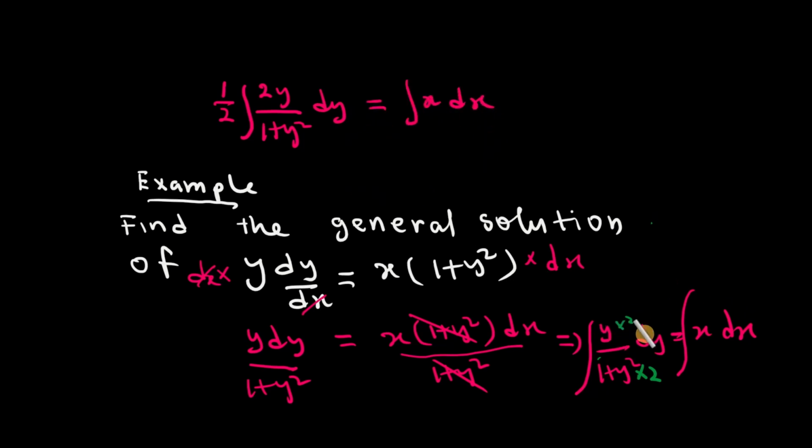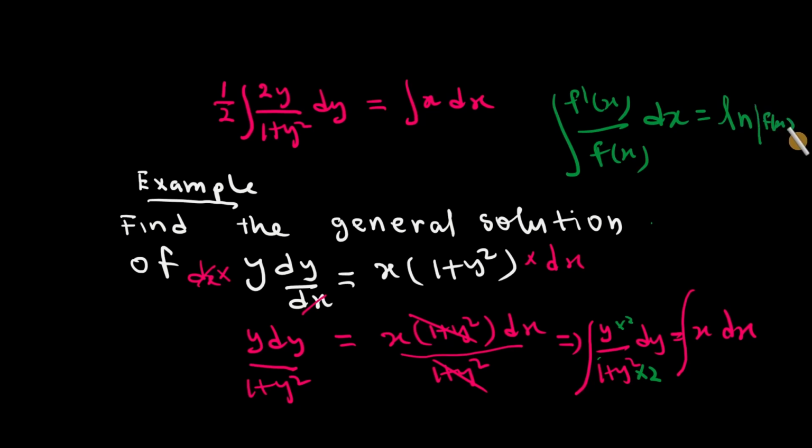Now, why I'm multiplying the numerator by 2 and the denominator by 2 is to make sure that I have 2y at the numerator. That is my target. Why am I doing so? There is a formula of integration which says that if there is a function f prime of x all over f of x, then the integration of this function with respect to x will be equal to the ln of f of x plus the constant of integration.